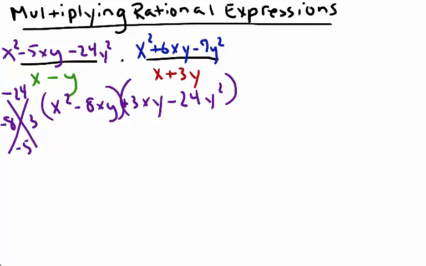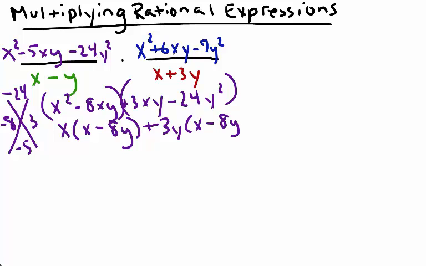For the first group, x squared minus 8xy, I have a GCF of x, so I'm left with x minus 8y. For the second one, I have a greatest common factor, or GCF, of positive 3y. So I factor that out, and I'm left with x minus 8y. Completely factored, this polynomial is x plus 3y times x minus 8y.